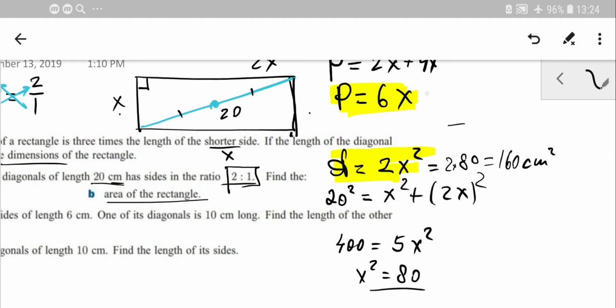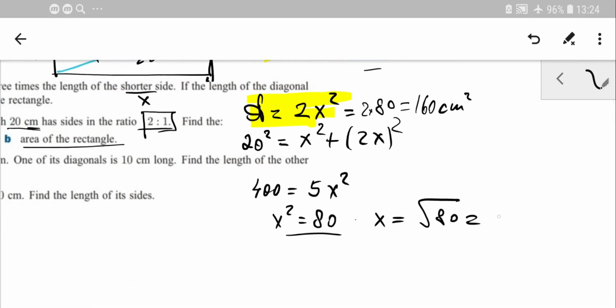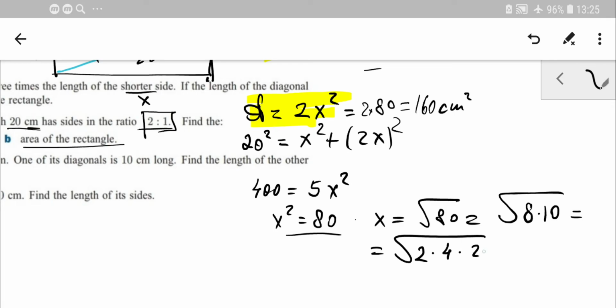So next one, the perimeter. In order to find the perimeter, we need to take the square root of 80. I can write it as 8 times 10, or square root of 2 times 4 times 2 times 5. And actually we have 2 and 2 is 4, so we'll get 4 times 4 times 5.